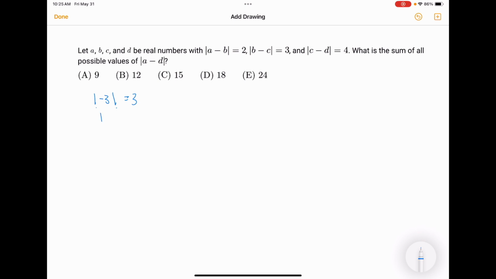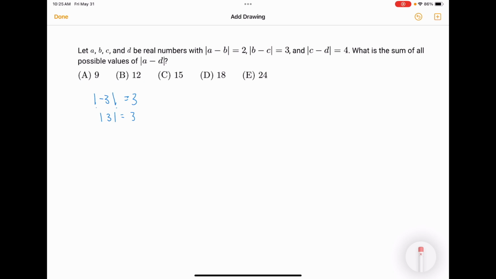But then if we have the absolute value of +3, that will also give us 3. So it doesn't matter if the number inside the absolute value is positive or negative, the answer is always going to be a positive number.